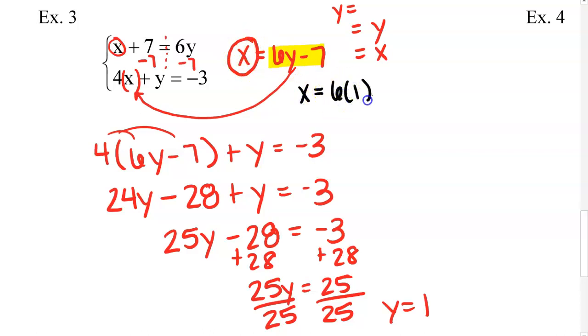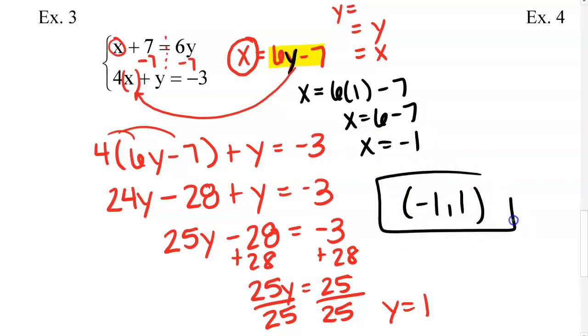So 6 times 1 minus 7. Notice I just took, since I know y is 1, this y here I replaced with a 1. So 6 minus 7 is negative 1. That means the solution to the system is negative 1 comma 1. That is the point at which the lines intersect.